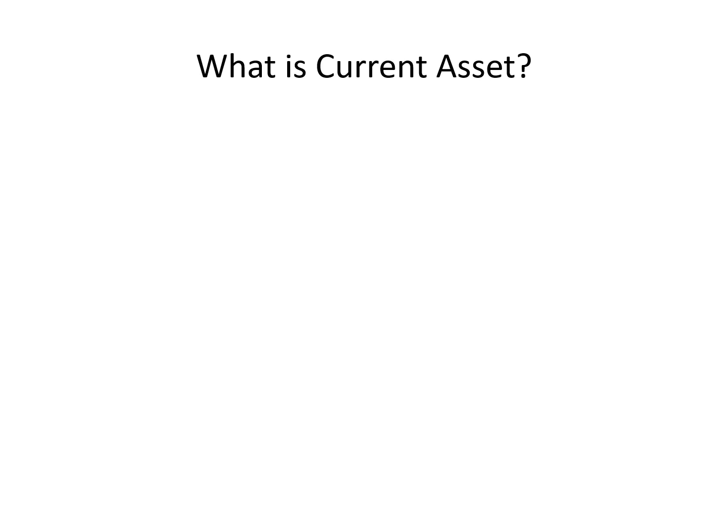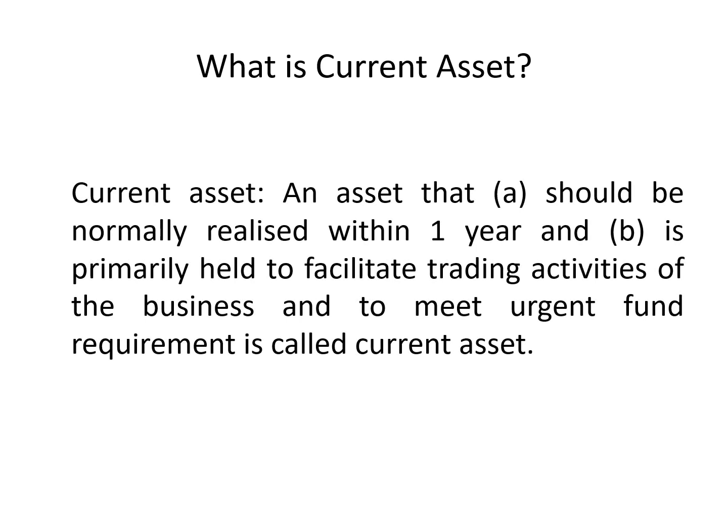There is another very important aspect, that is this current asset is used for smooth functioning of day-to-day activities of the organization. So we can say like this: an asset that should be normally realized within 1 year and is primarily held to facilitate trading activities of the business and to meet urgent fund requirement is called current asset.